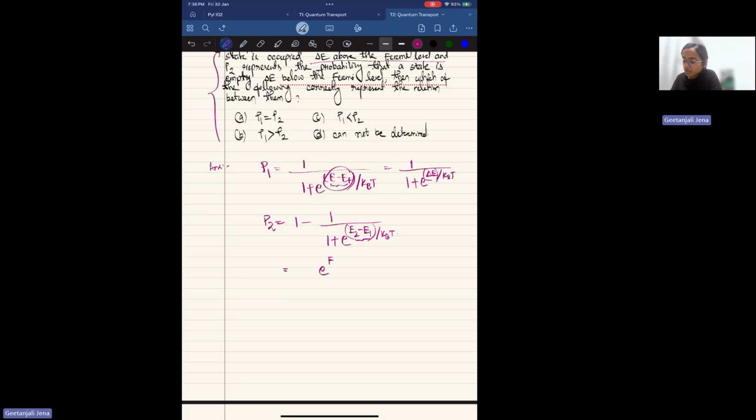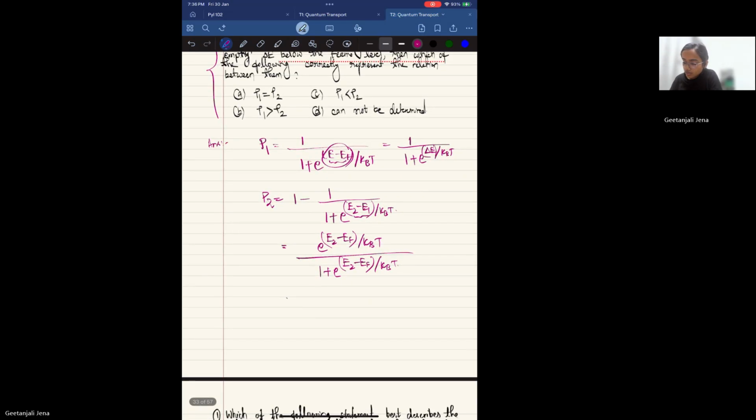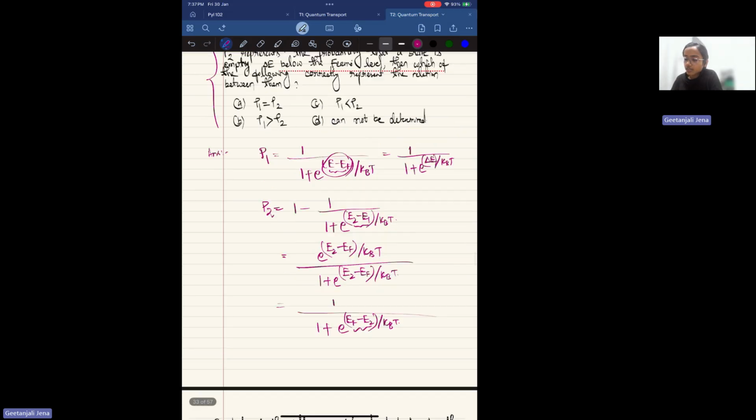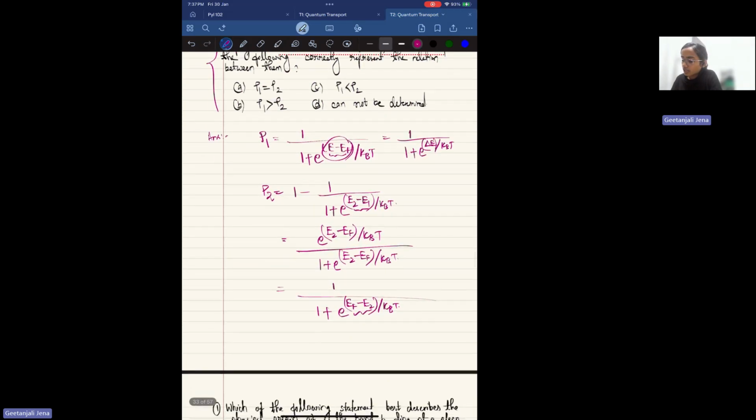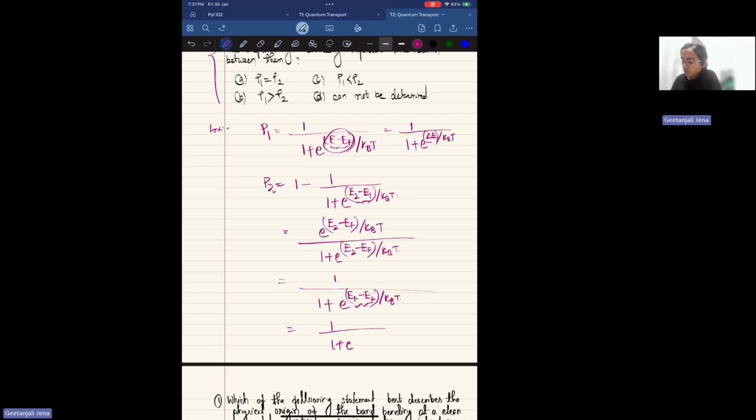This will give e to power E2 minus EF by kBT over 1 plus e to power E2 minus EF by kBT. So this will simplify to 1 by 1 plus e to power EF minus E2 by kBT. And EF minus E2, it's given the state is delta E below the Fermi level. So this will be 1 by 1 plus e to power delta E by kBT.